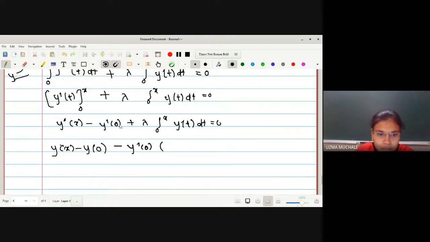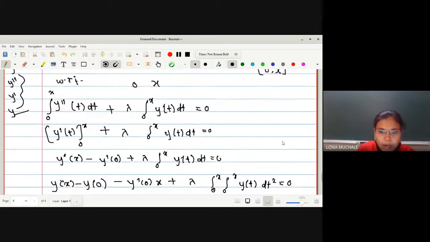Again, the integration of this term will be simply x minus 0, which we can write as simply x, plus lambda integration 0 to x y of t dt is equal to 0.